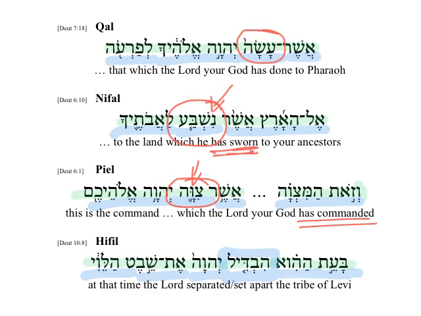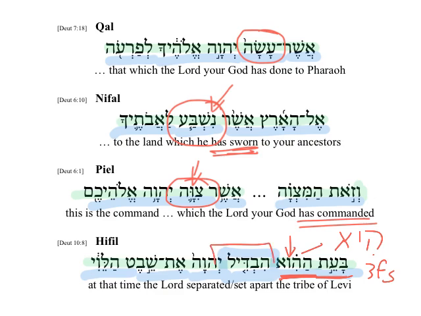Now, two very minor things here. First, remember in the Pentateuch that the 3FS pronoun, or in this case it uses a demonstrative, that time, it's normally spelled he with a yod, but in the Pentateuch it's always spelled with the vav, but we just treat it as normal. In the time, that one, in that time.